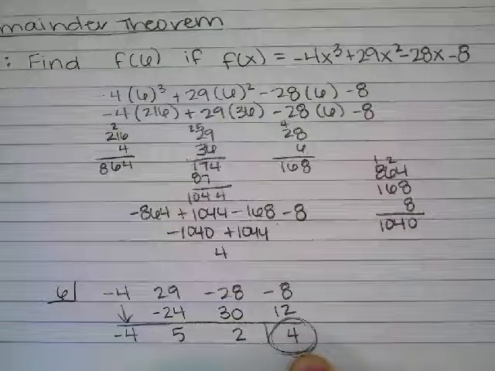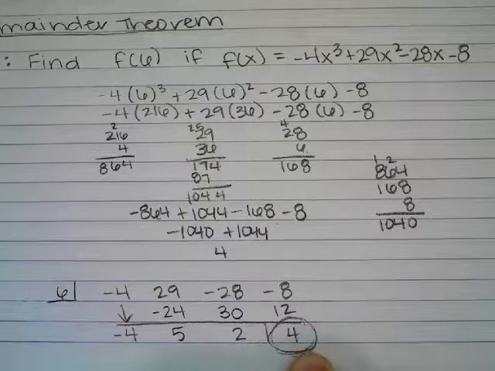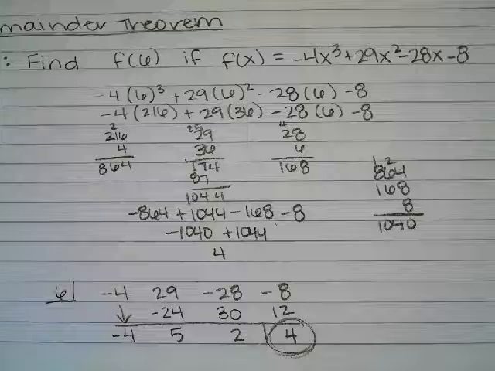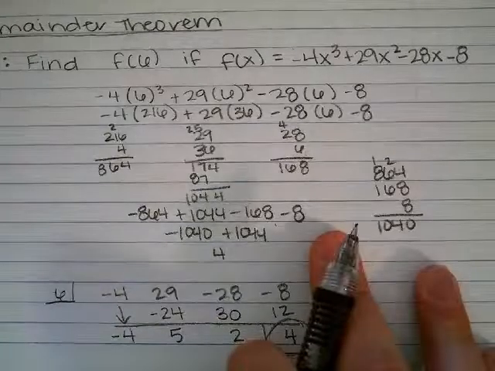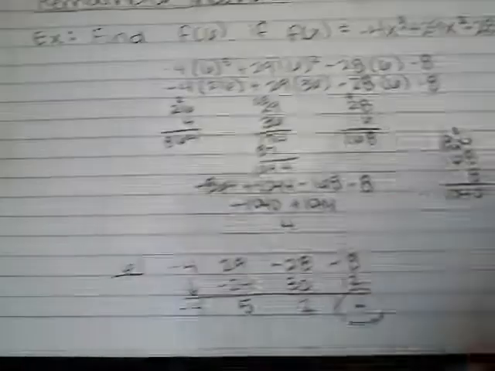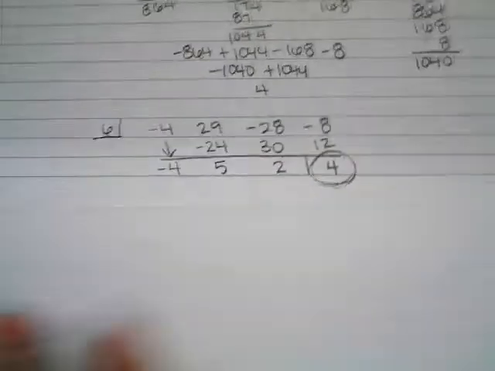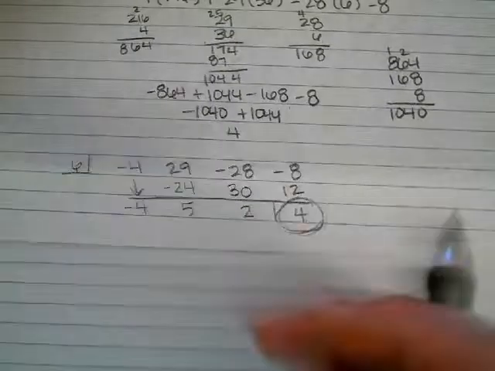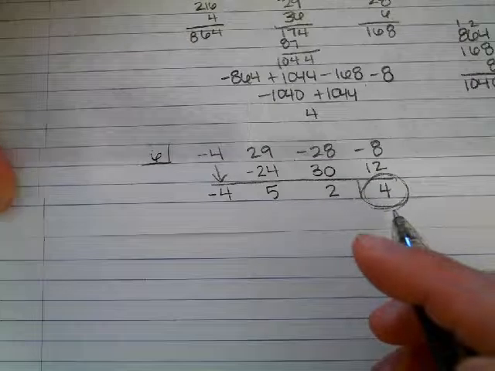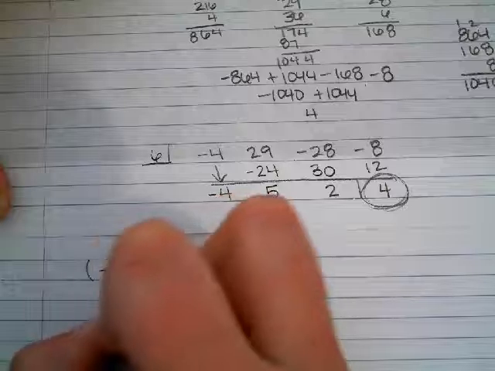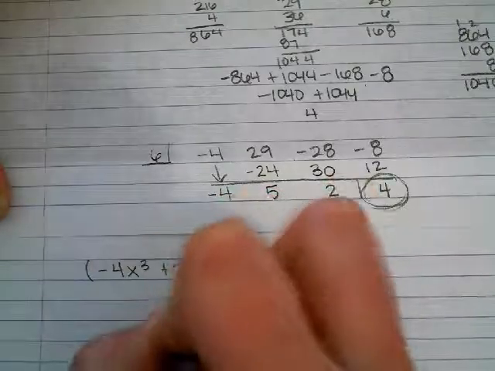Now, here's the other thing we're going to write. Something that's kind of interesting about this is that, based on this problem, if we were to do -4x to the third plus 29x squared minus 28x minus 8, and we were to divide it by x minus 6.